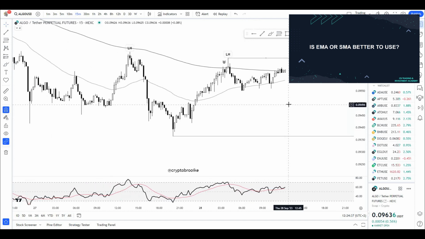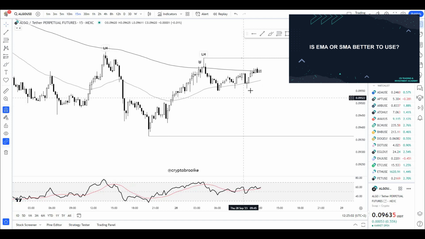If you have a 50 simple moving average, it just takes the average of the 50 last candles and adds that up and then divides it by 50, which gives you an average overall. And the exponential moving average just gives more weight to the latest candles. So the closer the candle gets to current price, the more weight it has on the average.